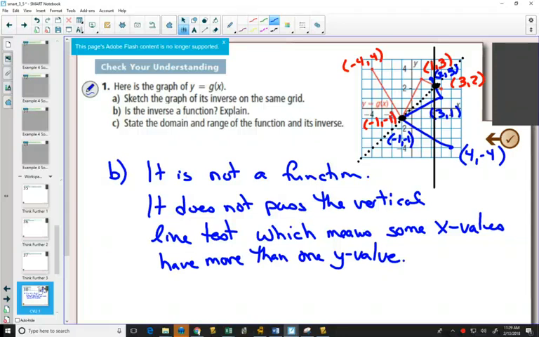And that's what makes something not a function. If you put in an x value, and you get more than one possible answer for your y value, it's no longer a function.